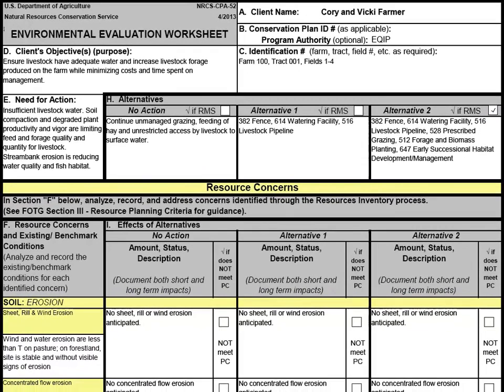In the following sections I and J, the alternatives were evaluated to determine how the recommended practices would affect benchmark conditions of the resource concerns and special environmental concerns. To do this, assessment tools were revisited when applicable, and the CPPE and network effects diagrams were also consulted.